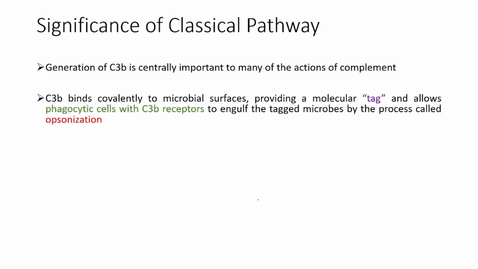So formation of C3B is particularly important because it binds covalently to microbial surfaces and acts as a molecular tag, because these tags guide the phagocytic cells to destroy these microbes by opsonization. So once C3B binds to any microbial surface, phagocytic cells can recognize that these are the microbes which we need to destroy, and they destroy them by opsonization.